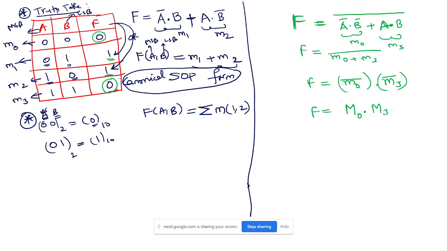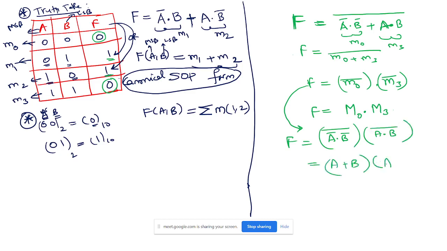Now, if you go inside and further expand in terms of A and B, M0 is A bar dot B bar whole complement, and A dot B whole complement. What will you get? A plus B into A complement plus B complement. This is M0, capital M, this is capital M3.